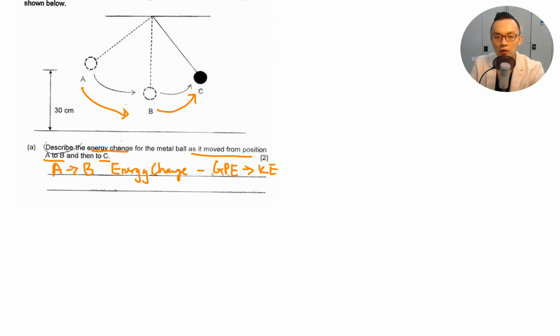Or you can say it actually had maximum gravitational potential energy, and at point B it had maximum kinetic energy. And from B to C, it moved from maximum kinetic energy to gravitational potential energy again.